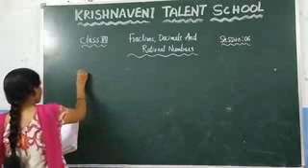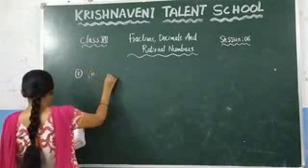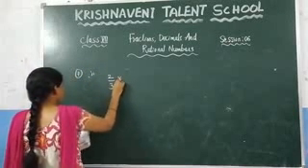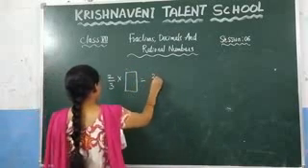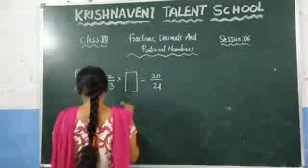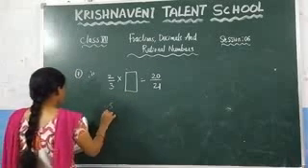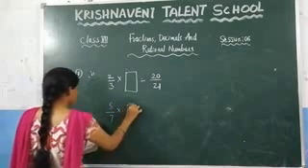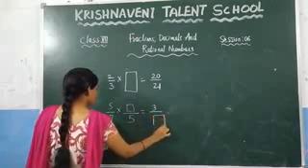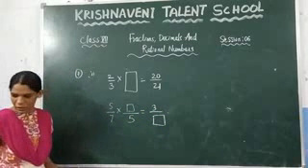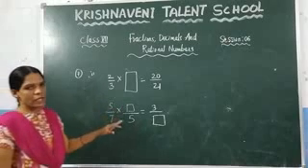So in the 7th question, the first one they have given as 2 by 3 into, you need to write the fraction, so that they have given the result, which is 20 by 21. Similarly here 5 by 7 into, you need to fill this blank, divided by the denominator as given. This is the question they have given here. You need to fill these blanks.